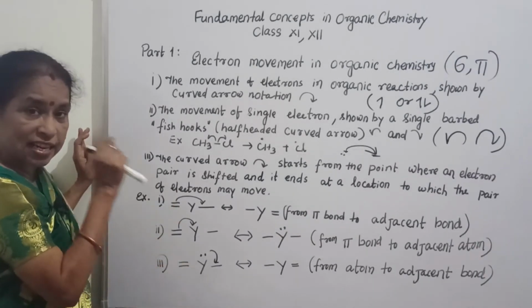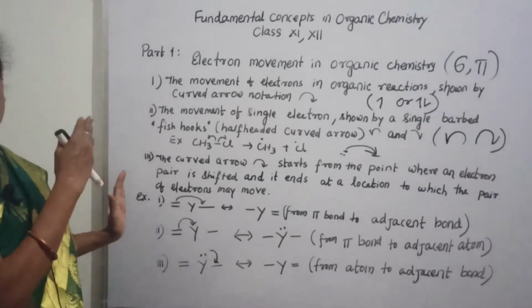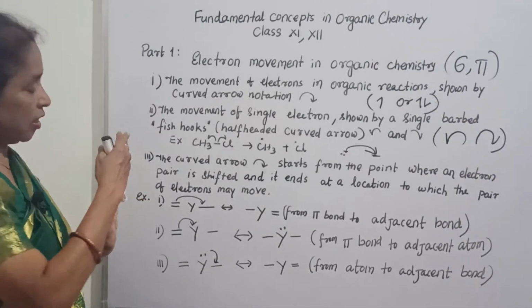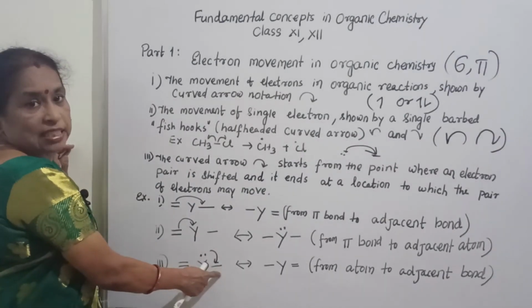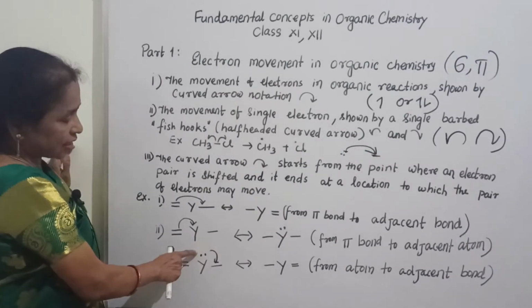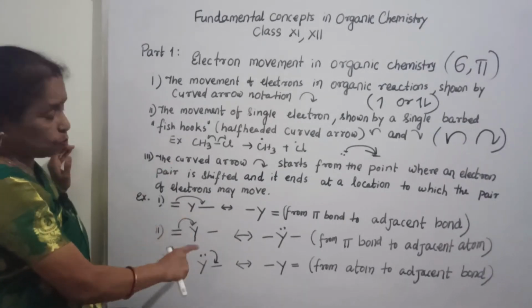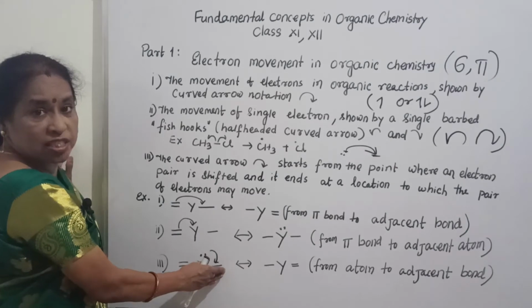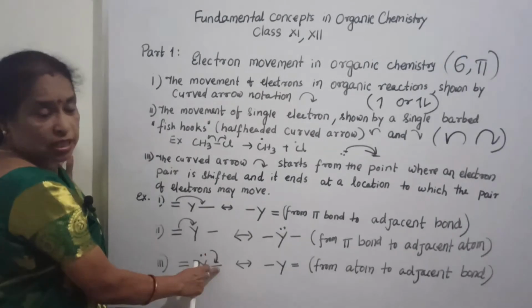Here Y has a pair of electrons, and on the left side there are two bonds, one sigma and one pi, and on the right side there is only one bond, a sigma bond. Since there are already two bonds, the electrons' only chance is to move to the adjacent bond, the single bond. So here the pair of electrons moves to this one.